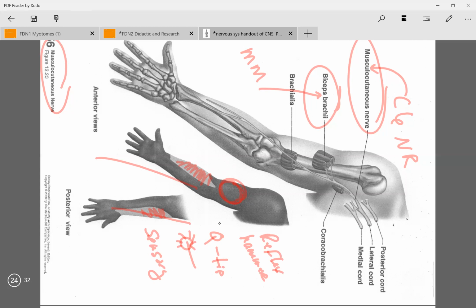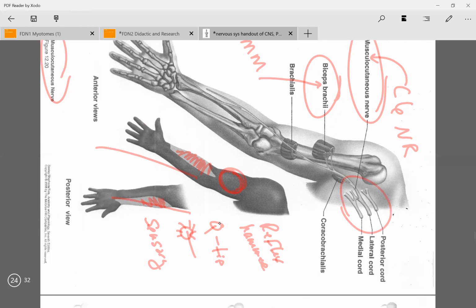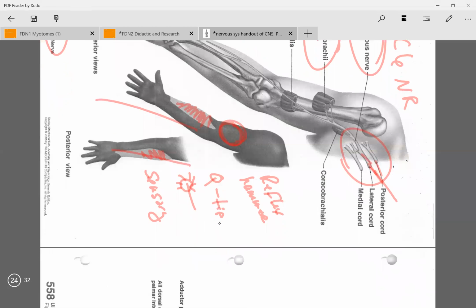Now that one happens to have, if you look here, a little bit of overlap with the nerves, especially when you trace it back to the cord. So if you have a positive finding for reflex hammer, which means it was diminished, then you would be thinking C5, C6. Some of these nerves do overlap.